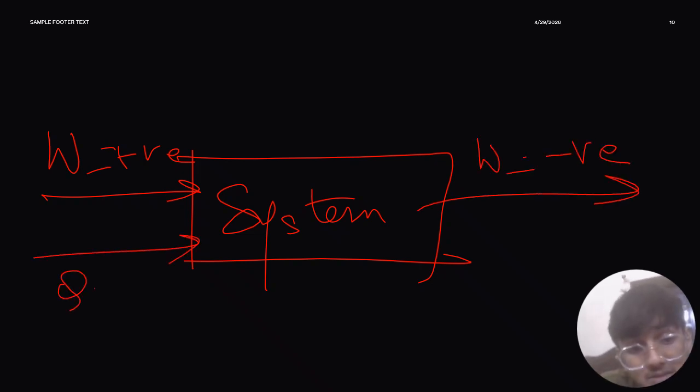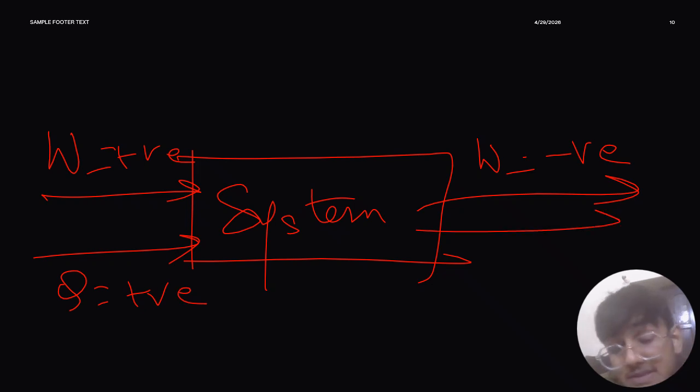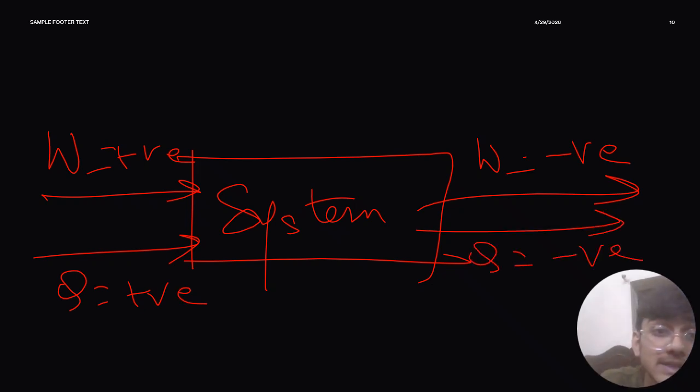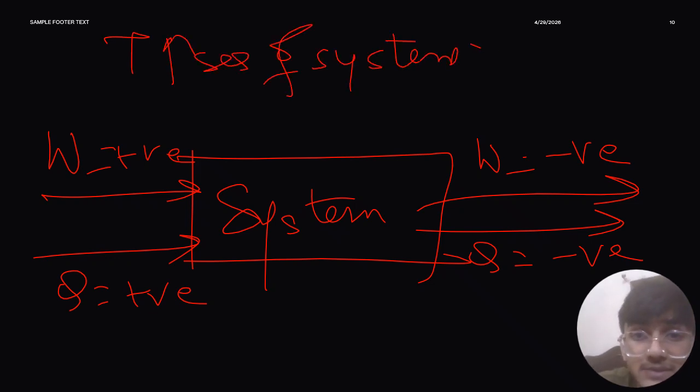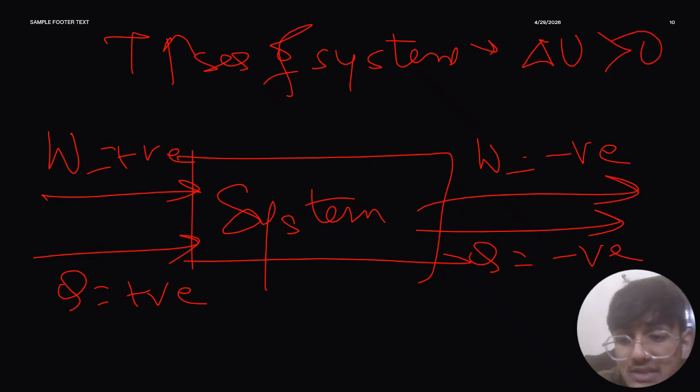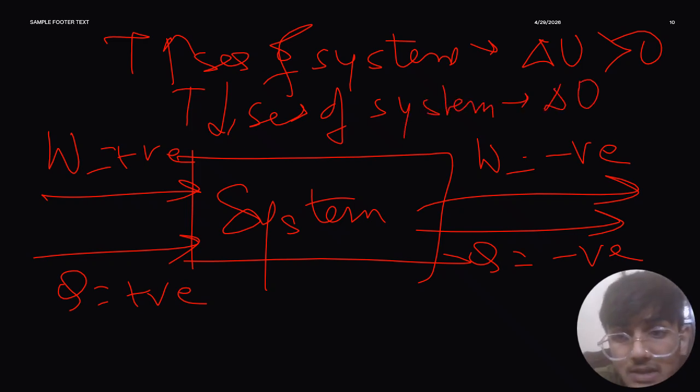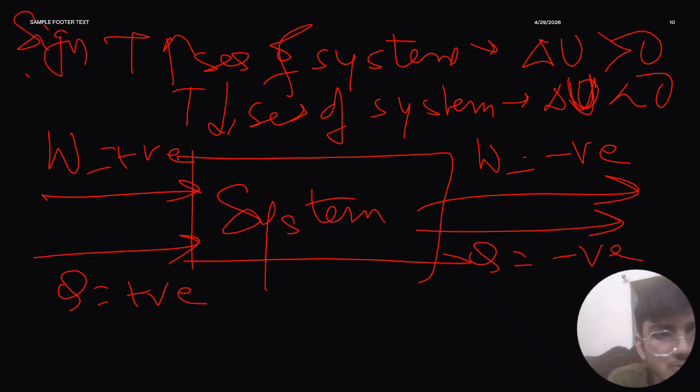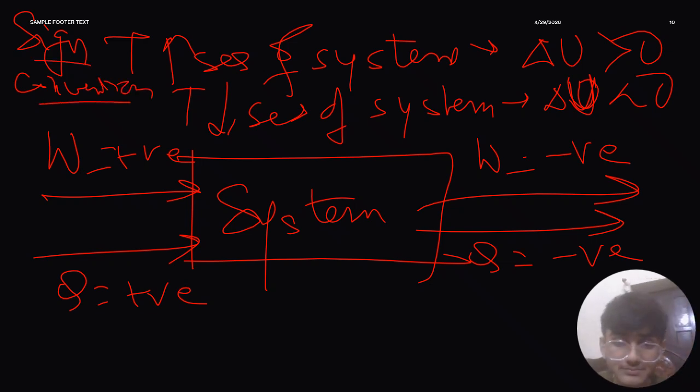If heat is added to the system, we take it positive. If heat is extracted from the system, we take it negative. If the temperature of a system increases, we take the change in internal energy as positive. If the temperature decreases, we take the internal energy change as negative. This is the sign convention, which is very useful when you solve numericals and understand the concepts. It's a very important thing. I hope you got this.